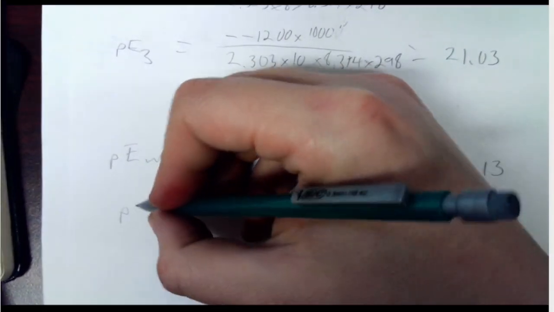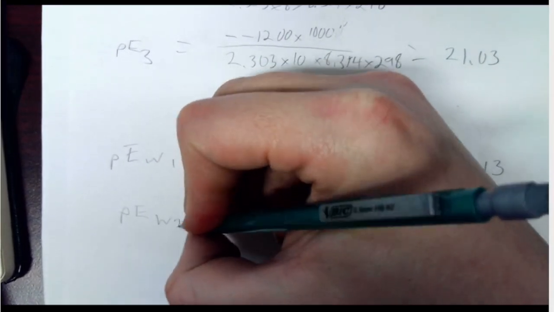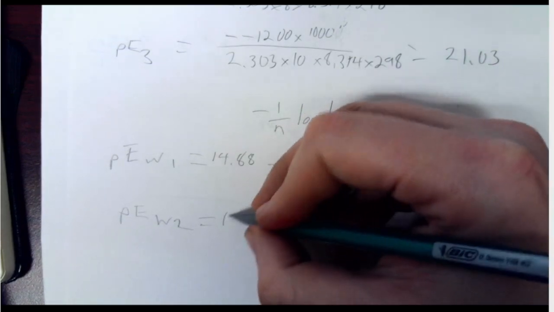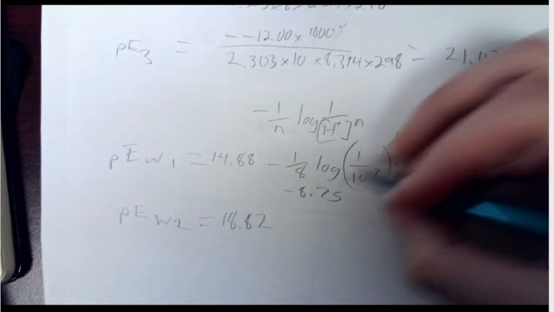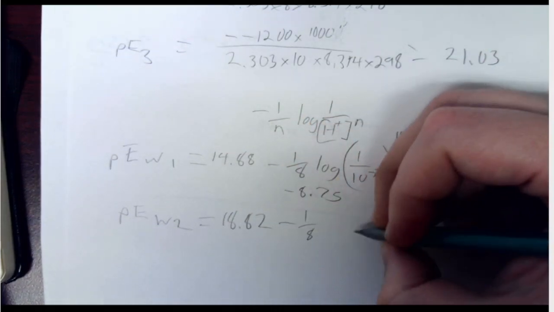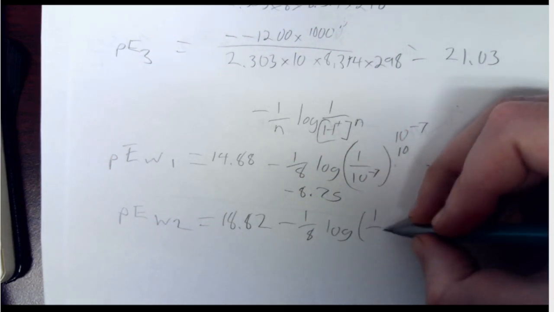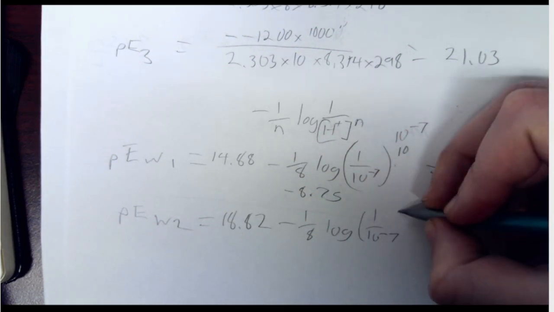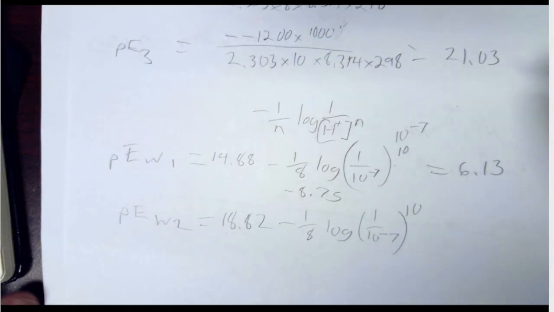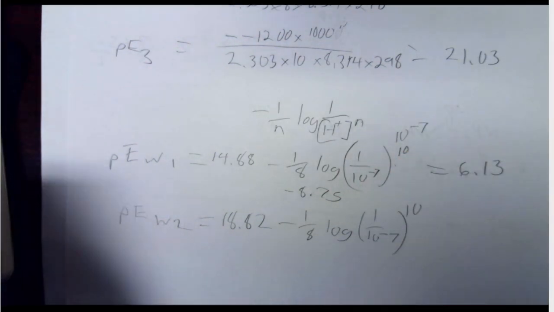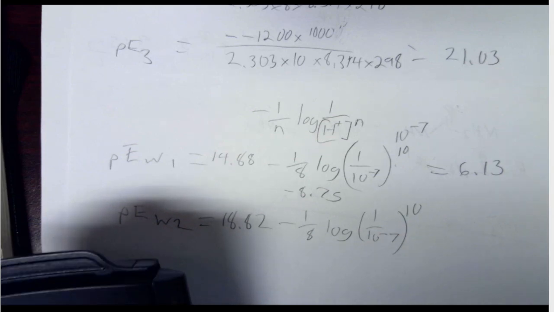Doing again, PE water 2 is going to be 18.82 minus 1 over 8. There's still 8 electrons, still 1 over 10 to the 7th, still 10 protons. So in this case, it's going to be minus the 8.75 again.